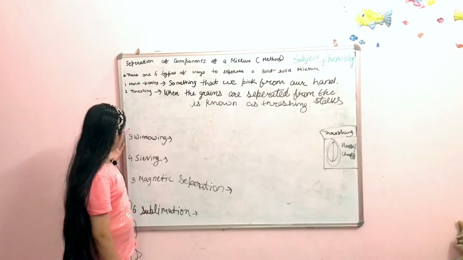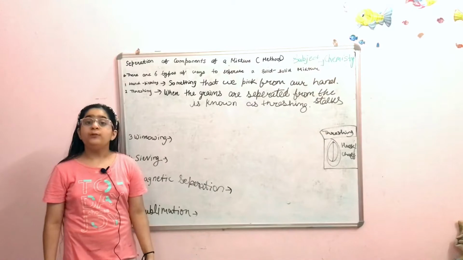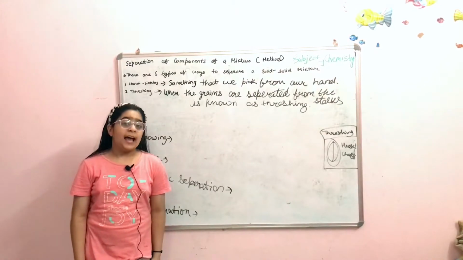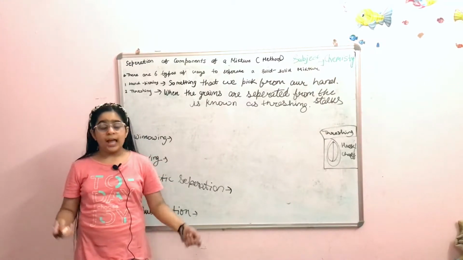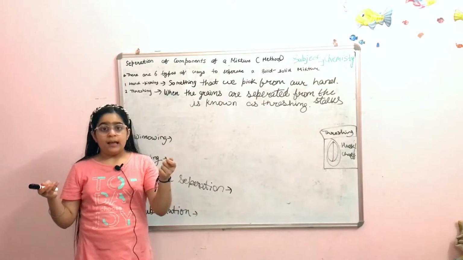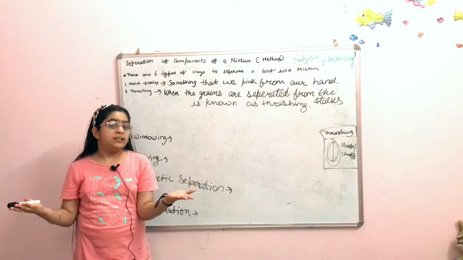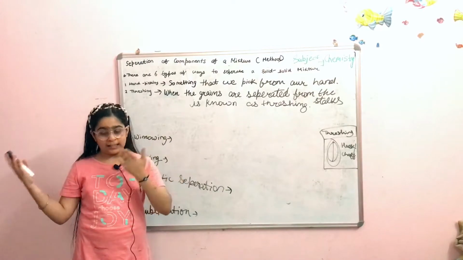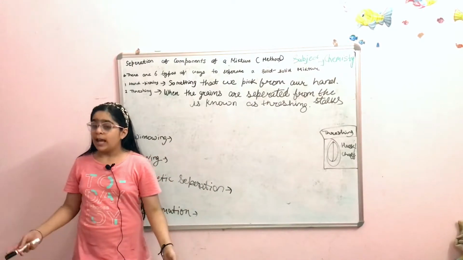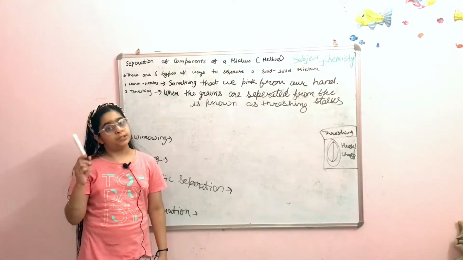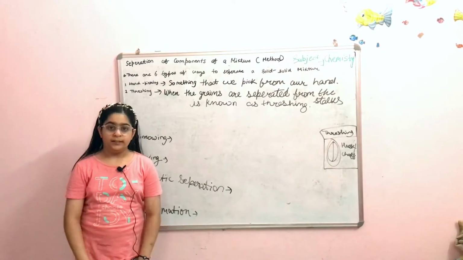So now the third point is winnowing. We have to stand on height and we need some grains. We have to mix the grains and we will see the result that the husk and the grains are separated, and we have to stand at the opposite position from where the air is blowing.